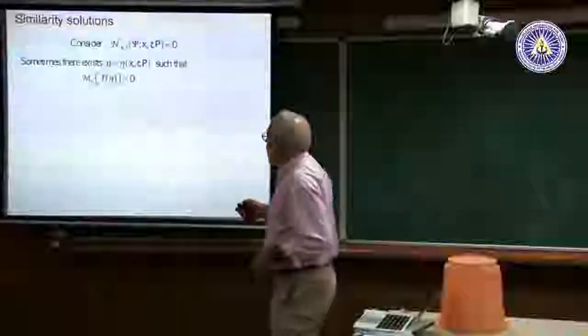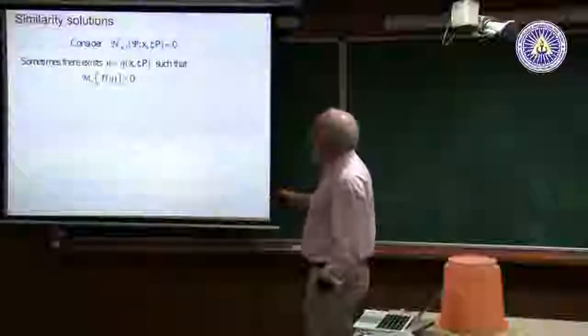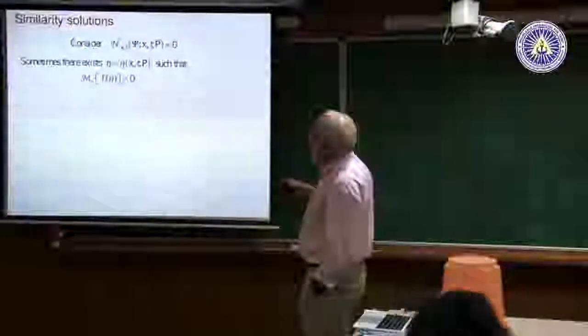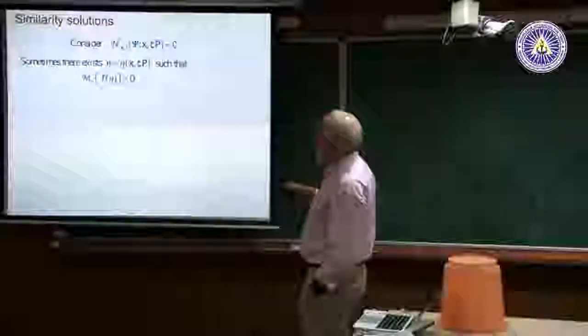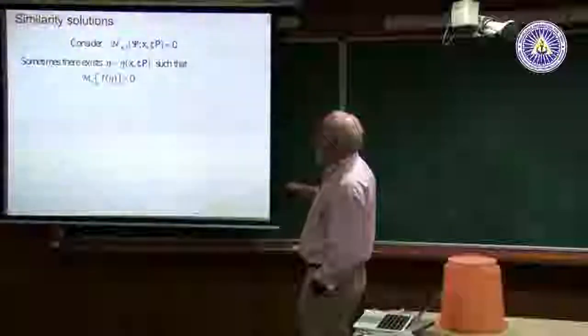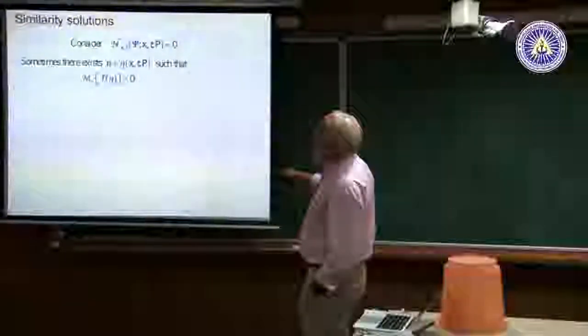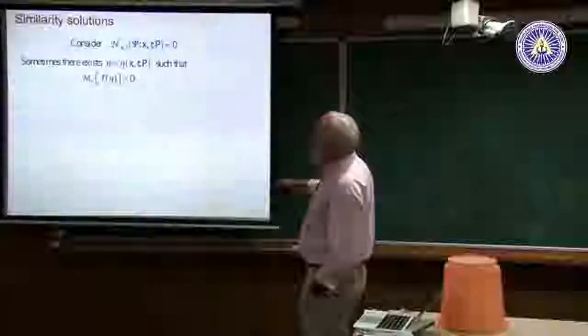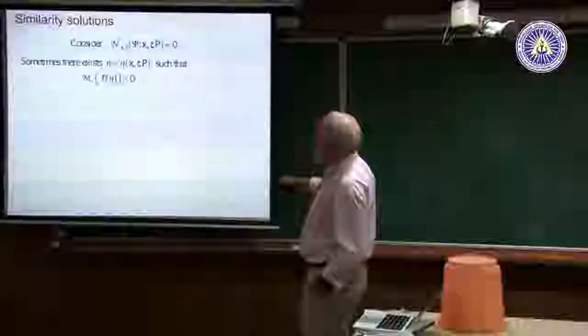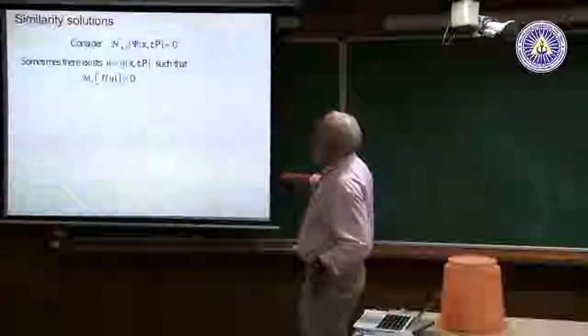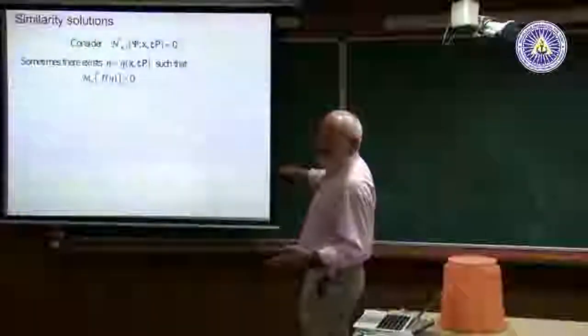Now sometimes you can get a variable which is dependent on x, t and p, all the x's, t's and all the p's, such that instead of this nonlinear operator on x and t, this is another generally nonlinear operator but just on eta, and it operates on f.